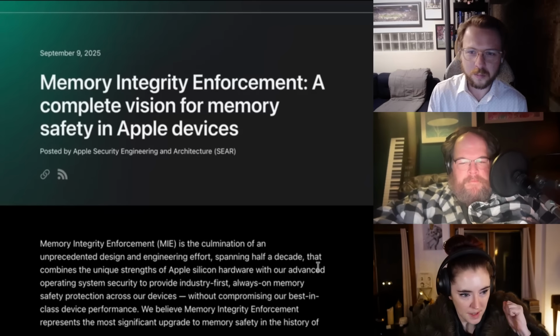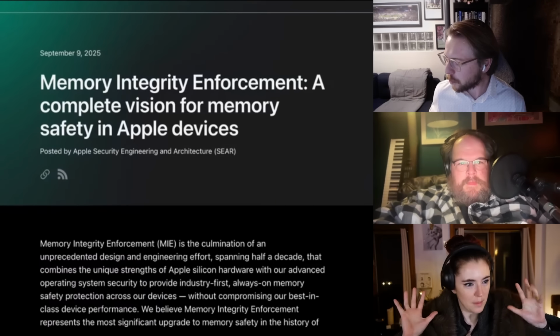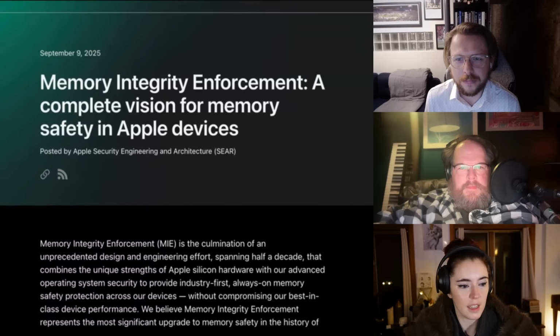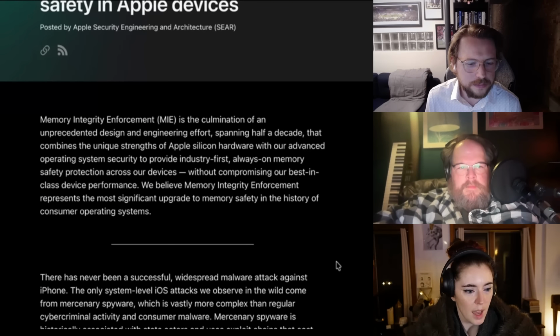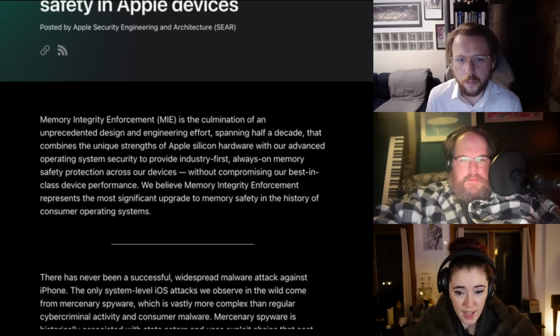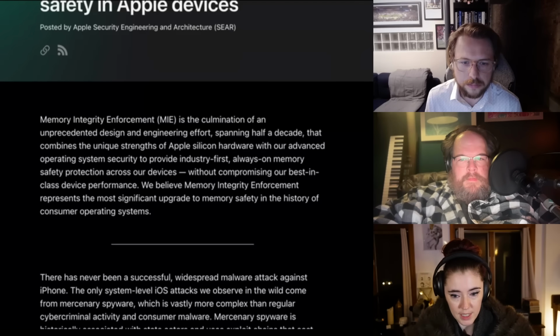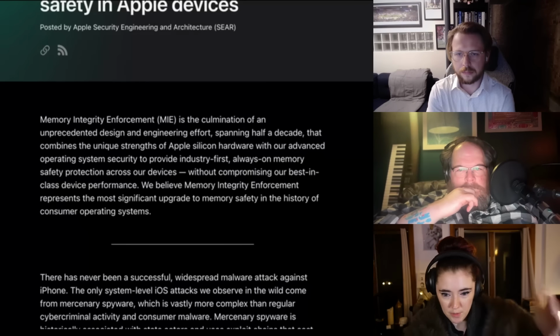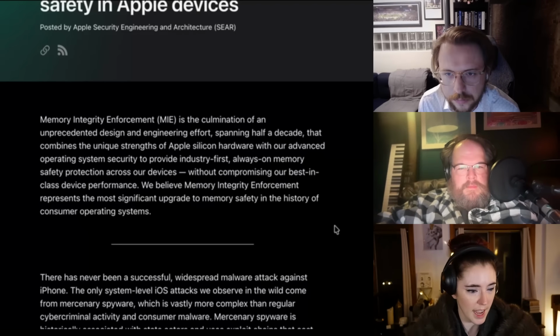Okay, so this whole memory integrity enforcement is like a suite of things. Basically, it seems to be a bunch of improvements that they've already shipped to their kernel allocators and to their userland allocators, but also how they're actually managing memory much farther down in the stack.